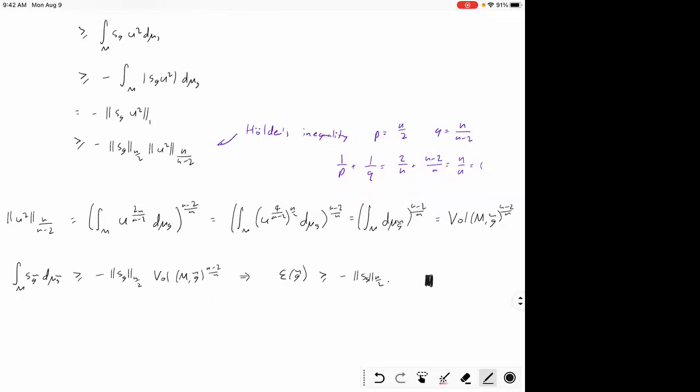Okay. So the point is that if we take this functional we've defined and we restrict it to a conformal class, say C, this is bounded below.